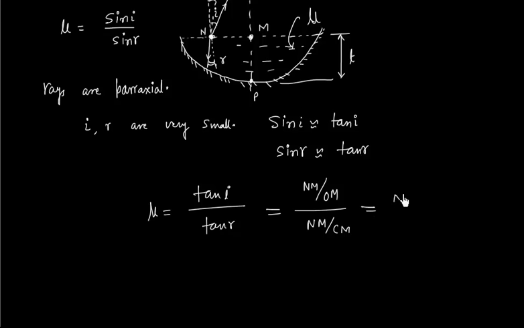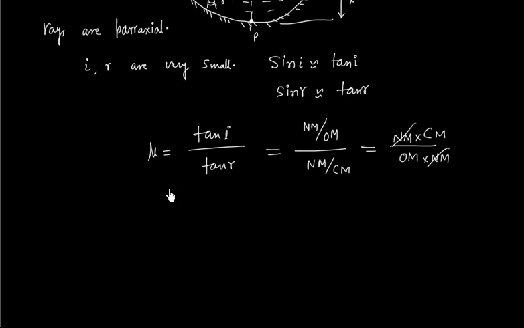So we can write mu is equal to NM by OM into CM by NM. So NM cancels, and we will have mu is equal to CM by OM.